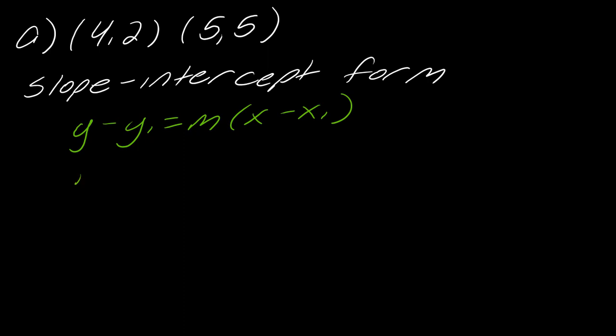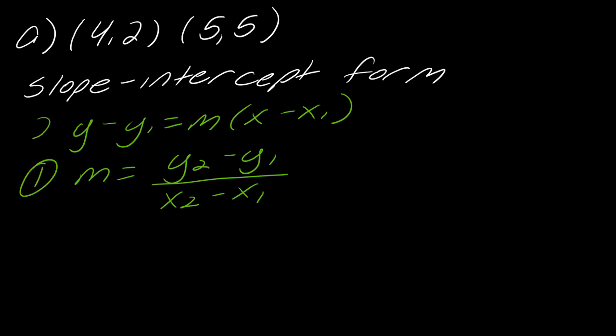So where I need to start actually is by using the slope formula. So this is why I brought up that whole list of formulas that I just showed you. Okay, so these are the things that I really need. I need to start here, and then I can move on to the point slope formula. So let's go ahead and start by plugging these 2 points into our slope formula.